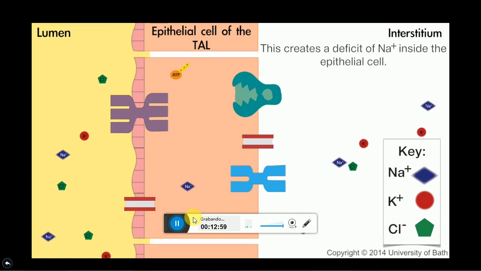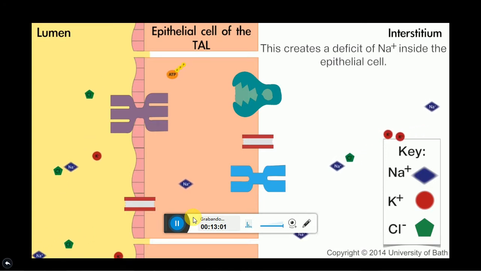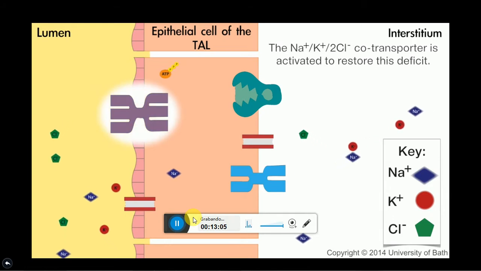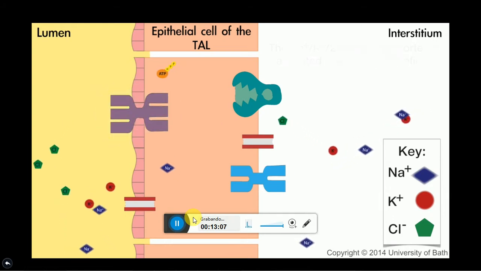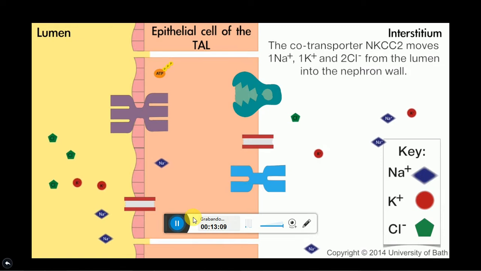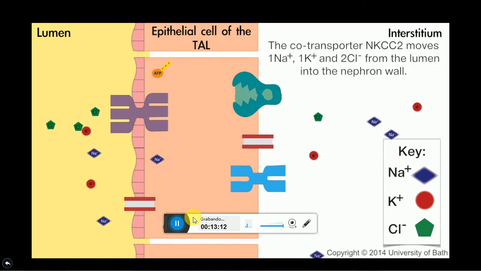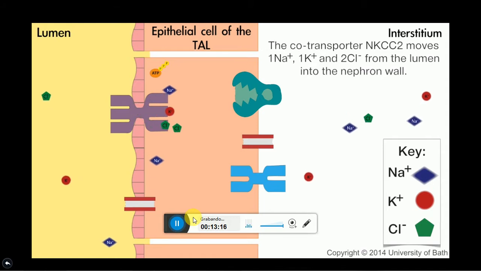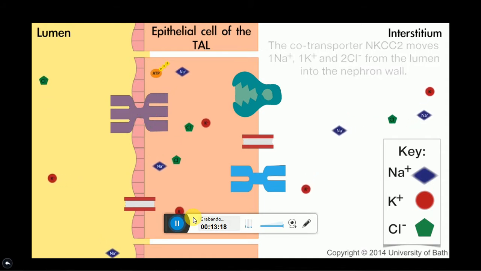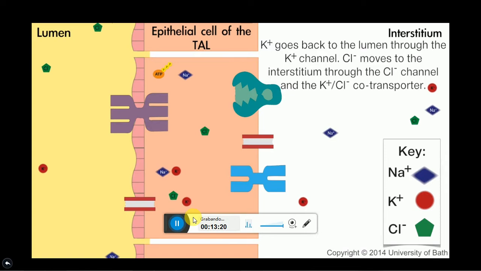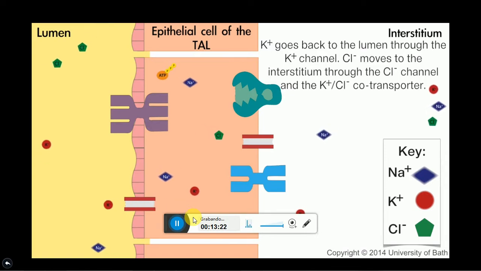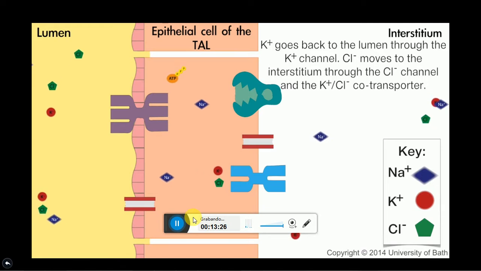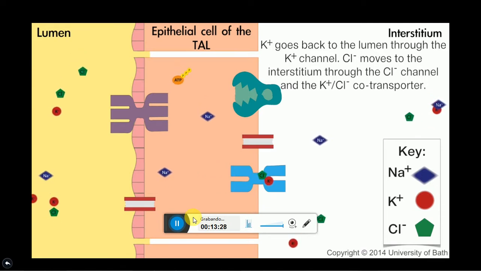This creates a deficit of sodium inside the epithelial cell. The sodium-potassium-chloride cotransporter is activated to restore this deficit. The cotransporter NKCC2 moves 1 sodium, 1 potassium, and 2 chloride from the lumen into the nephron wall. Potassium goes back to the lumen through the potassium channel. Chloride moves to the interstitium through the chloride channel and the potassium-chloride cotransporter.